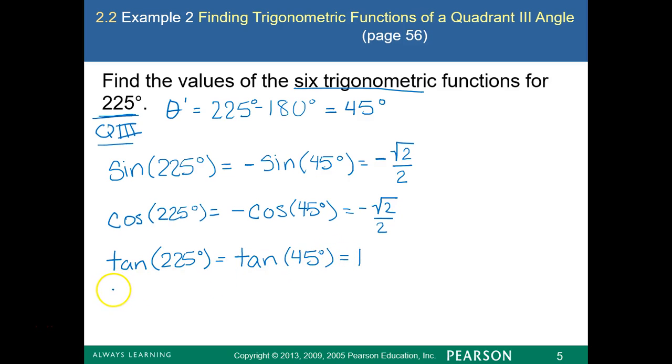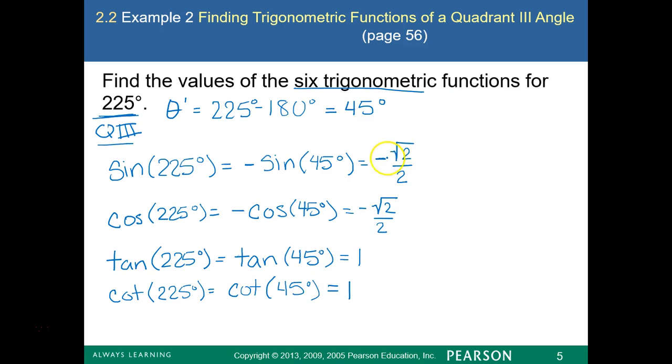All right, let's go ahead and work our way backwards. Cotangent of 225 degrees is the same as cotangent of the reference angle, 45 degrees. And like I stated for tangent, cotangent is going to be positive in this quadrant. Cotangent of 45 is also 1.